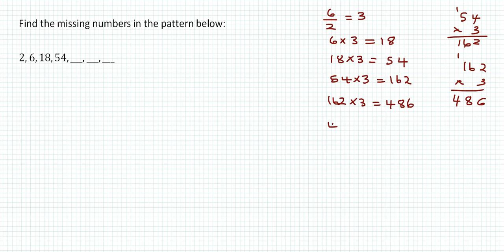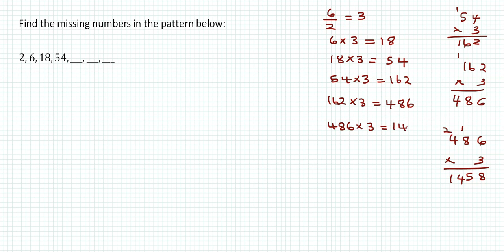Now we have 486 multiplied by 3. So let's go ahead and walk through that. 6 times 3 is 18. We put 8, we carry 1 up here. 8 times 3, 24 plus 1, we have 25. We put a 5 here, bring up a 2. 4 multiplied by 3, 12, plus 2, we have 14.